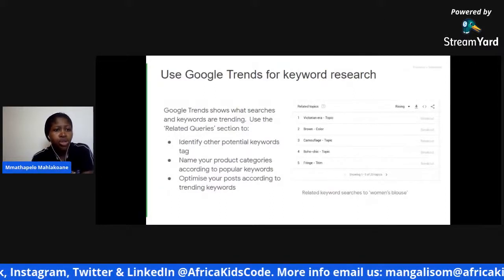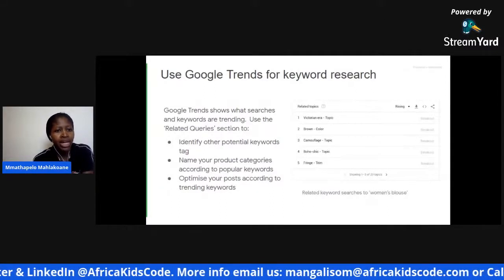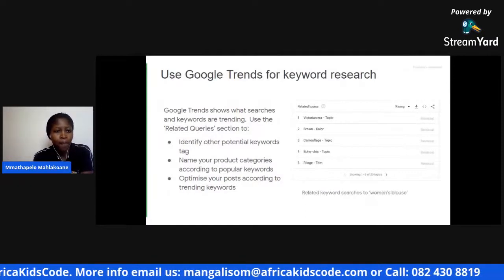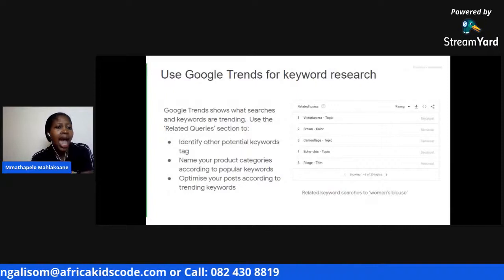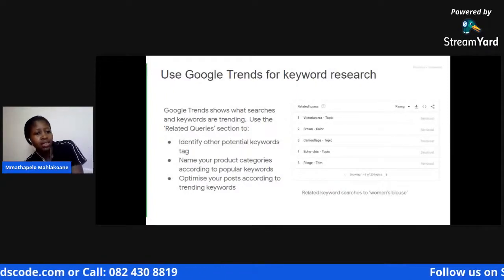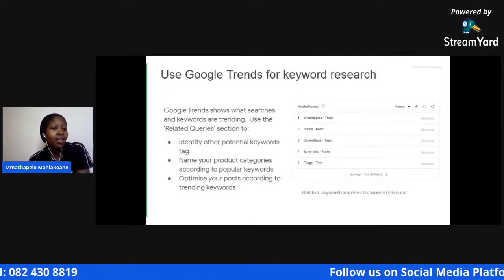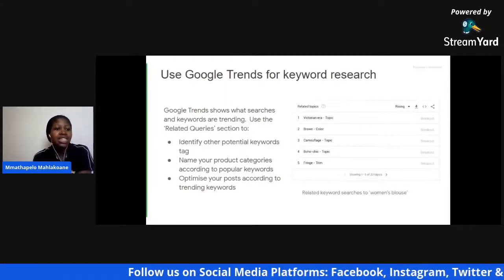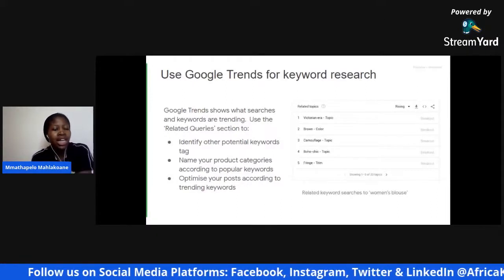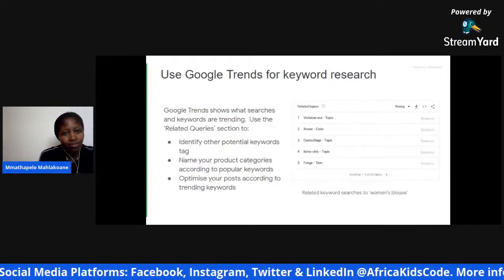So, using Google Trends for keyword research. Google Trends shows what searches and keywords are trending. So use the Google related queries section to best identify other potential keywords to tag.